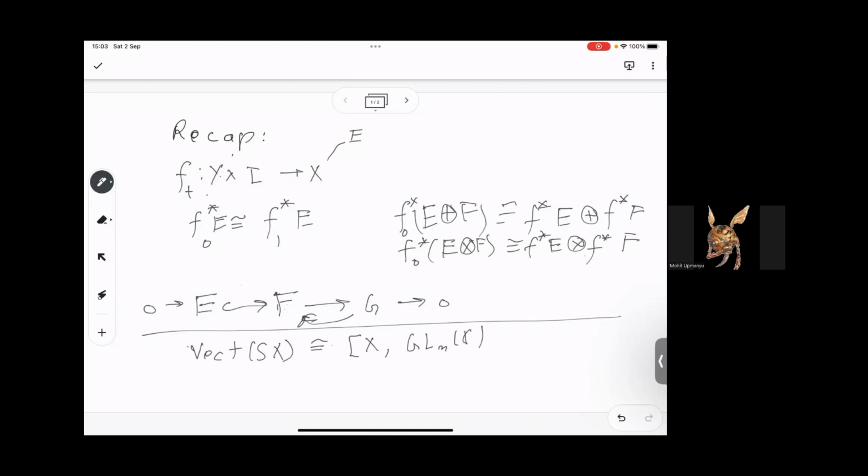Of course, this is when the field is equal to C. All vector bundles can be made over real or complex, but this particular lemma that we stated is for complex vector bundles only.